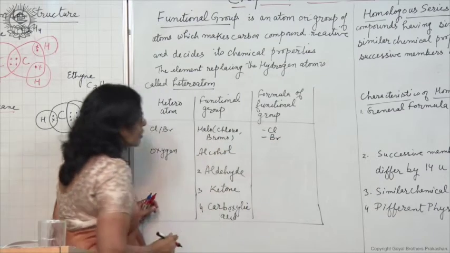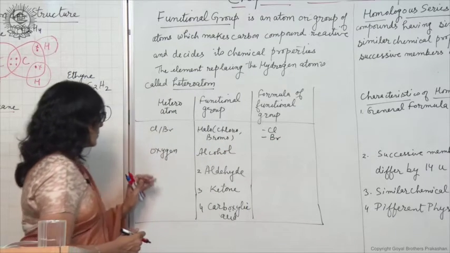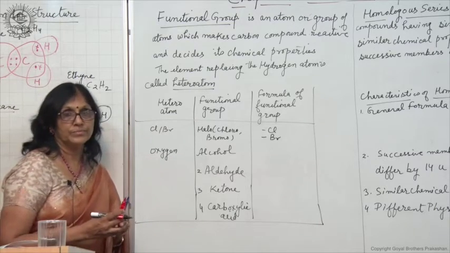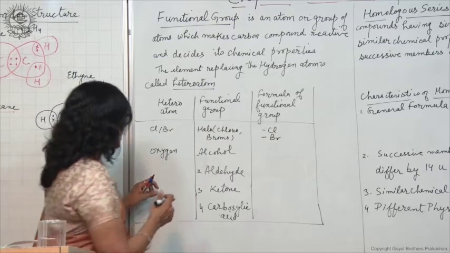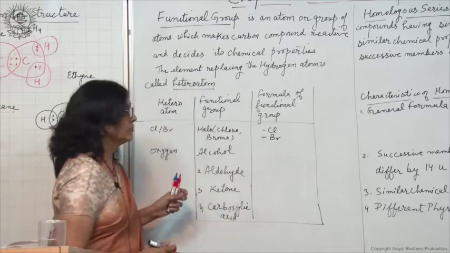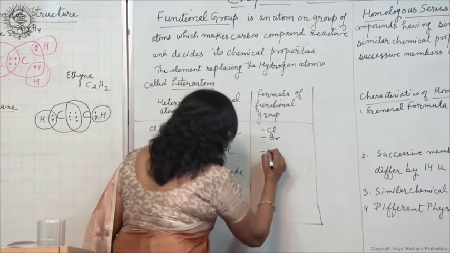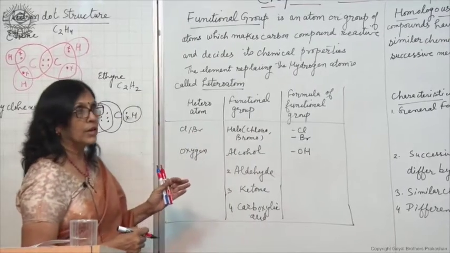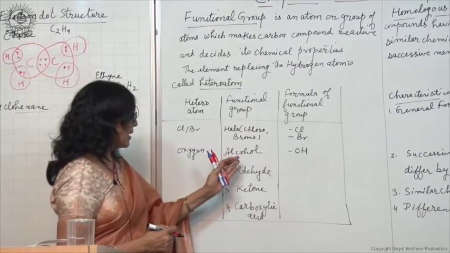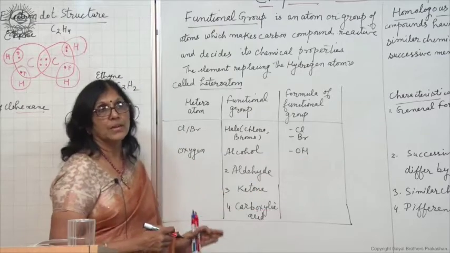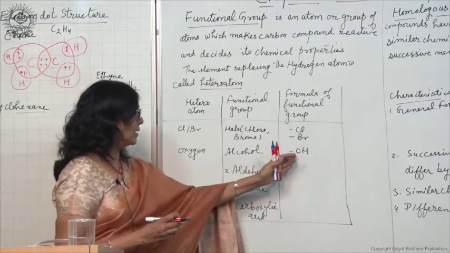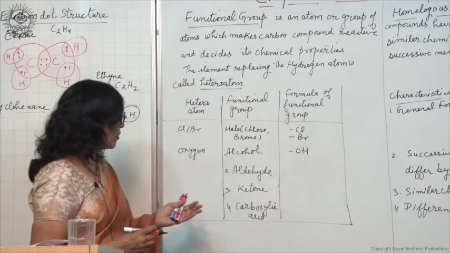This is the formula. Heteroatom is oxygen, it forms a group of atoms. Alcohol, the formula of the functional group is OH. So, all the alcohols have OH group in them. Hydrogen atom of an alkane is replaced by OH group and it forms the alcohol.